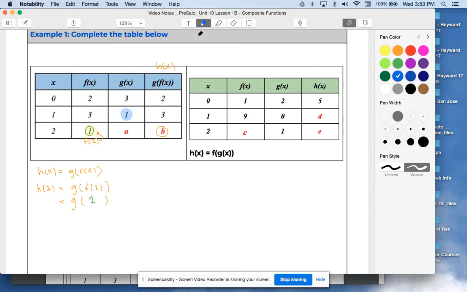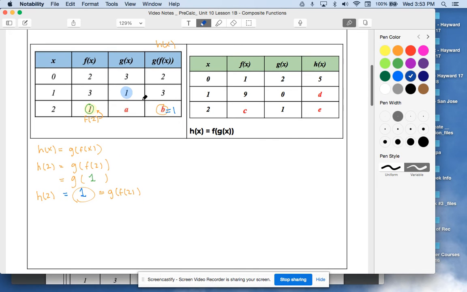So now we can say g of 1 is equal to 1. So ultimately, the final answer, h of 2, which is the same as g of f of 2, is equal to 1. So our answer here is 1. All right, that one's a little more straightforward.